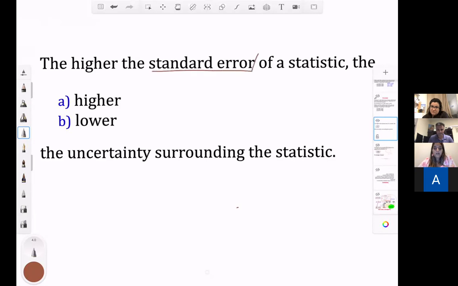Standard error is one keyword. The statistic, that means we are dealing with the sample, correct? A parameter will be the population value. Is the uncertainty surrounding the statistic higher or lower?